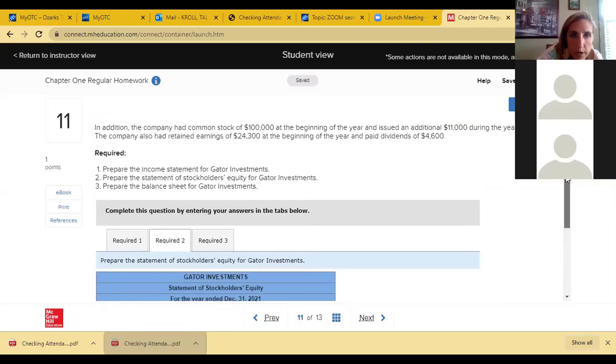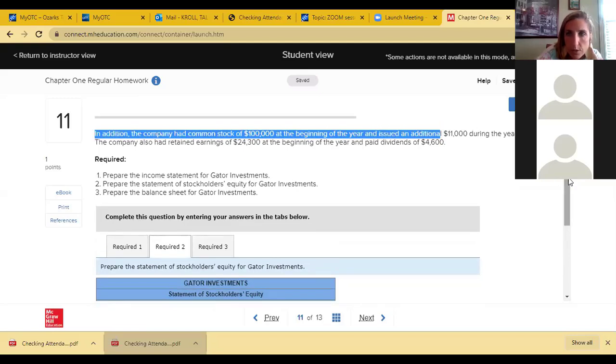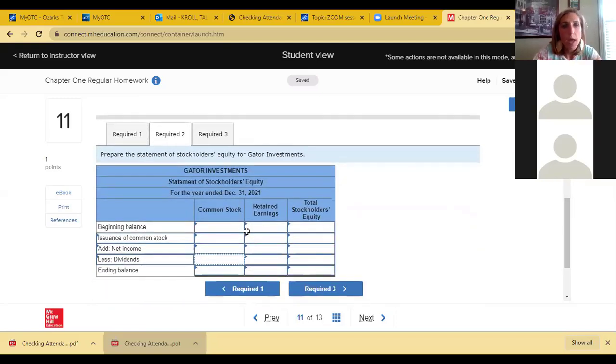So then I go up and I find what are the beginning balances for those two accounts. It says the common stock had a beginning balance of 100,000, and then they issued 11,000 in shares. So what happens is they wanted more money, right? And so they sold more shares, and it goes here, right below it as issued.